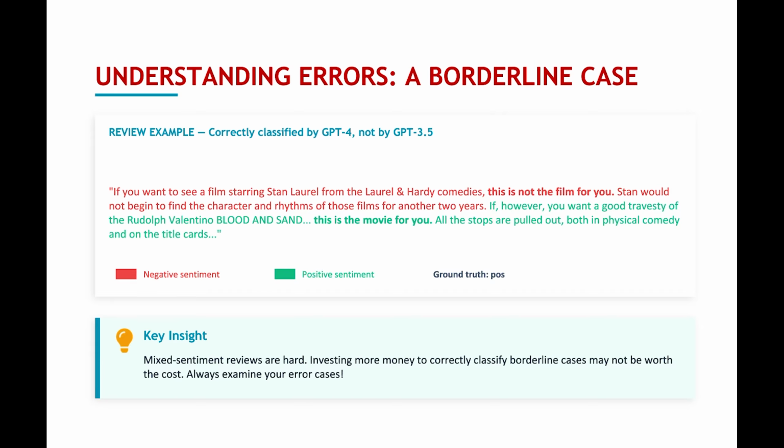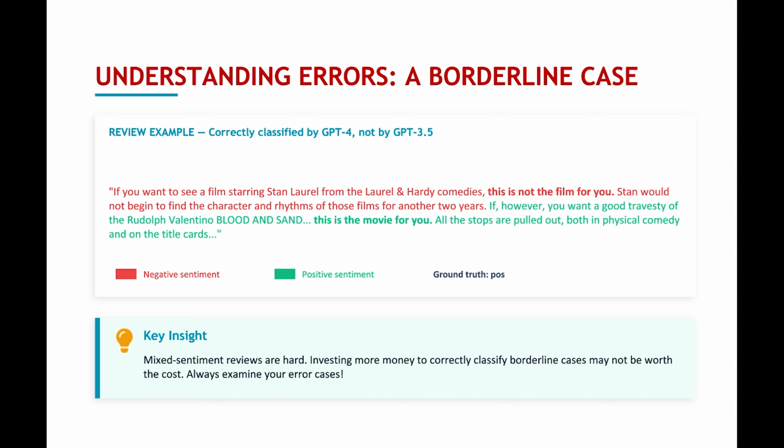However, before we look at our next technique, we also wanted to look at an actual error case. At the start of this review, we see a negative phrase, "this is not the film for you." This phrase would normally be a strong enough indicator of a negative review, but as the review continues, we see multiple positive phrases such as "this is the movie for you" and "all stops are being pulled out."